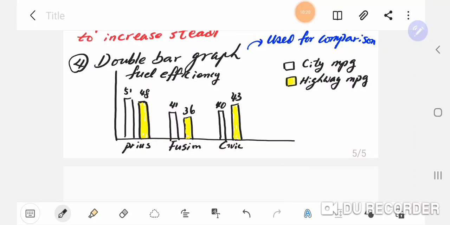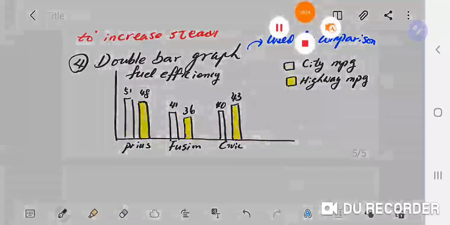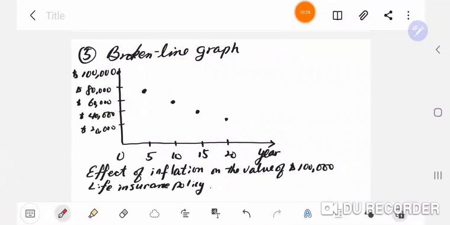Okay, let's try a different type of graph. This broken line graph shows the effect of inflation on the value of a $100,000 life insurance policy. First of all, the life insurance policy was $100,000.